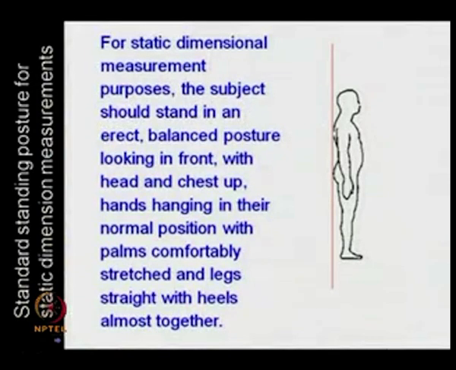Now, standard standing posture for static dimension measurements means that the subject should stand in an erect, balanced posture, looking in front with head and chest up, hands hanging in their normal positions, palm comfortably stretched and legs straight with heels almost together.